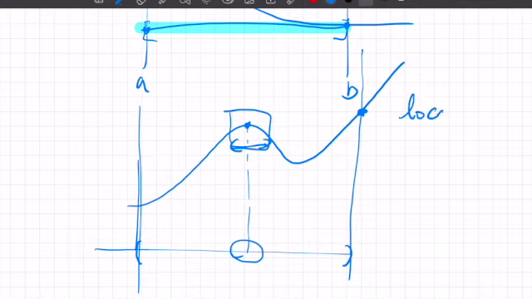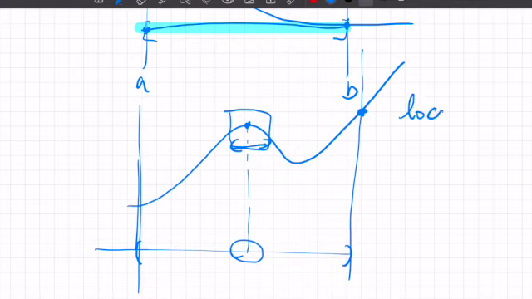So let's define the notion of local maximum and local minimum more precisely. Here's the more precise definition of local maximum and minimum. Let's say f of x is a function defined on an interval I, and let a be a point within this interval.